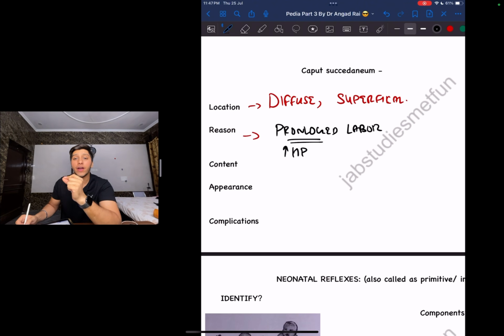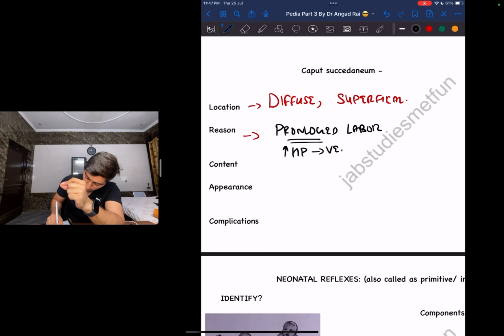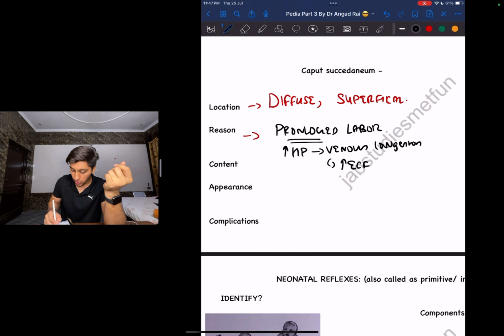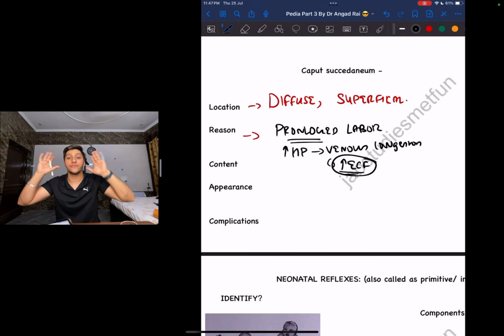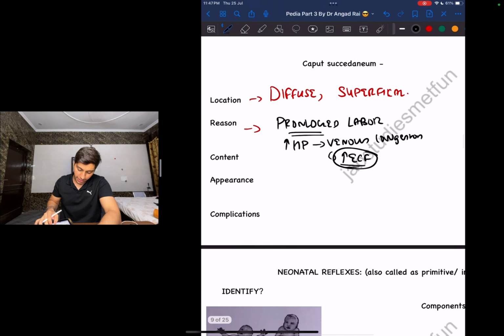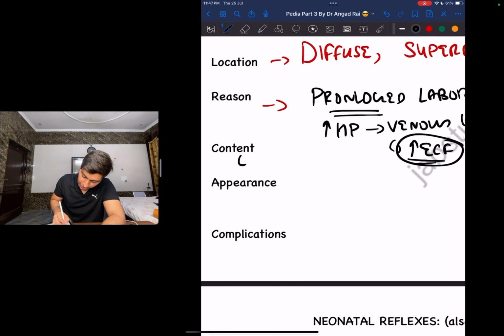Because of increased hydrostatic pressure, there is venous congestion, and because of venous congestion, there is increased extracellular fluid outside. So because of this increased extracellular fluid, you see that bulge, which will be diffuse and superficial. Okay. Next, if you ask what is the content, the content is extracellular fluid.